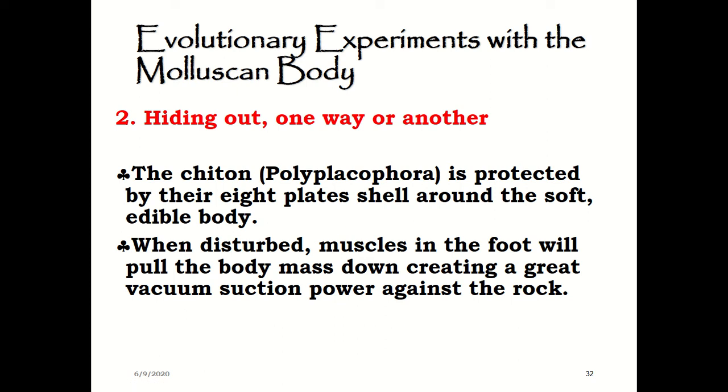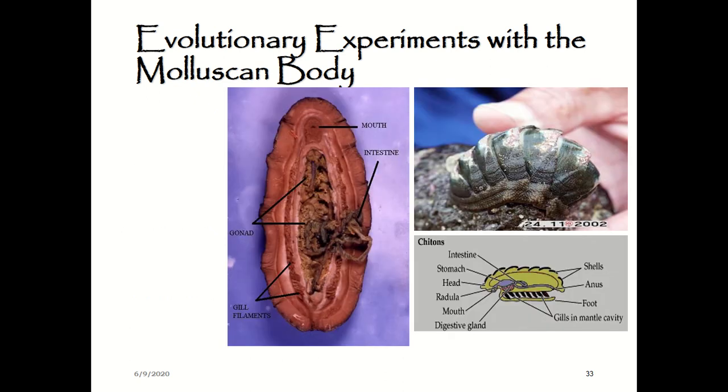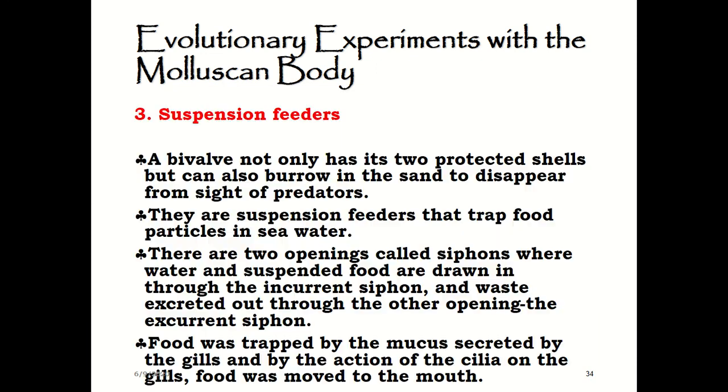When they are being disturbed, the muscle in the foot will pull the body mass down, creating a very great vacuum suction power against the rock, as you can see here. So they will attach to the rock, making it hard for predators or other animals to pull them off. That is how they protect themselves.